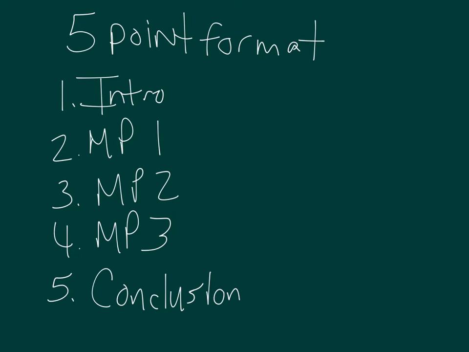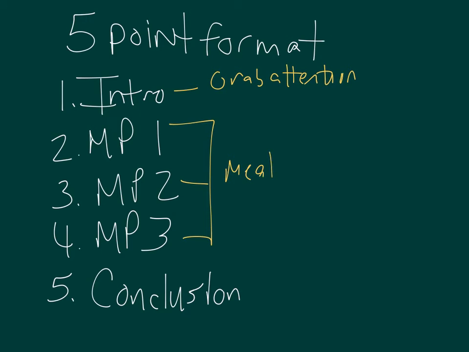Now, here's how the format usually goes. If we do it on the scale of the whole paper, the intro is where you basically grab the attention. The main points are like the meat, if you will, the argument. And the conclusion is the wrap-up.